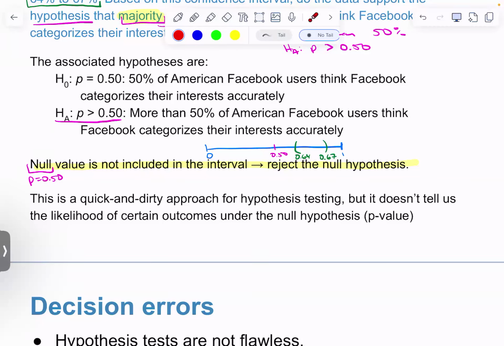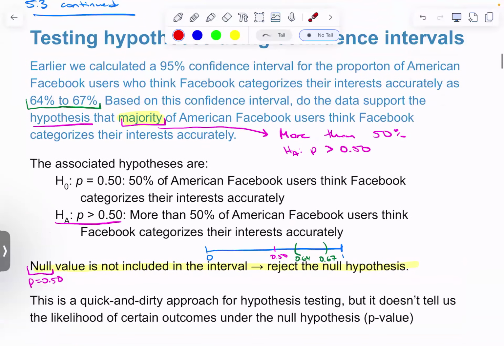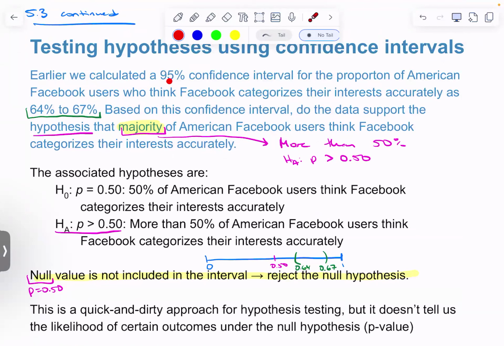And so on a test, it's pretty reasonable for me to ask you to construct a 95% confidence interval or 90% confidence interval, whatever, for something. And then a follow-up question would be, based on this confidence interval, what do you think about this hypothesis?